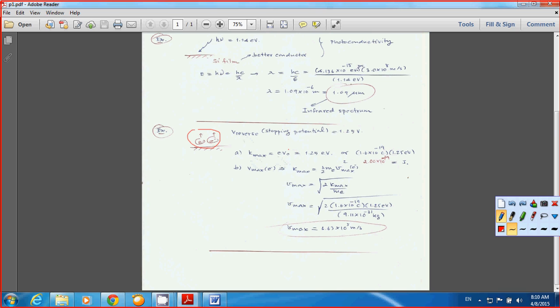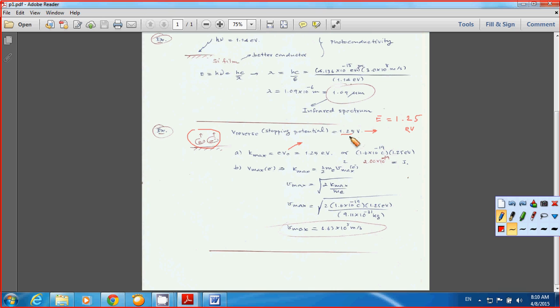When you're talking about voltage, it is in the unit of volt, but you are multiplying by e. Okay, don't get confused. For this one, the voltage is 1.25 volt, and if you're looking for the energy in the unit of electron volt, you simply say that this becomes 1.25 electron volt.